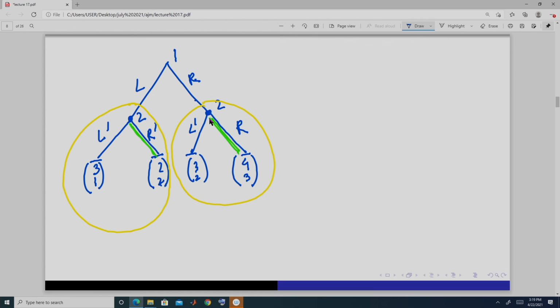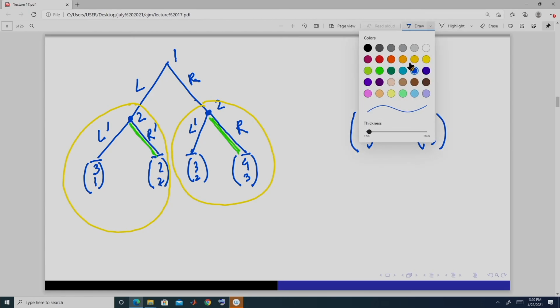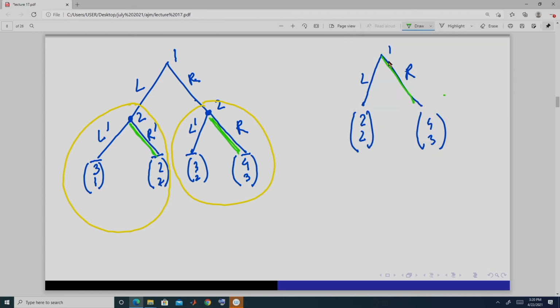So, player 1, what will it do? It will compare these two payoffs. So, for player 1, it is going to choose this action. So, it is going to be this here.